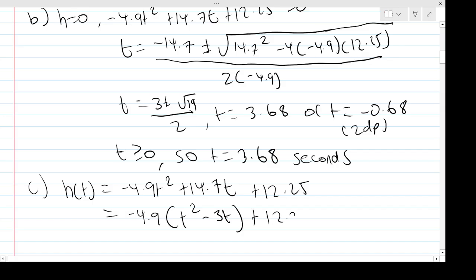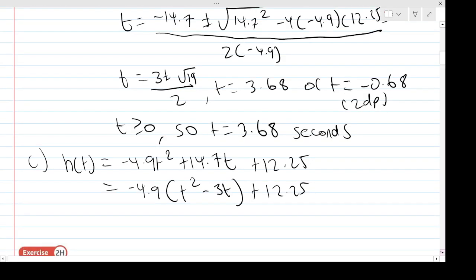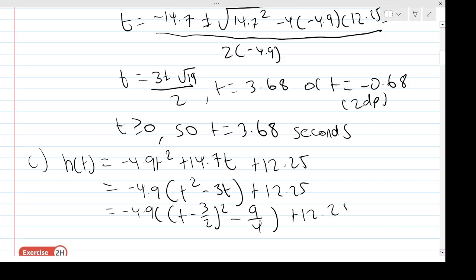Then we add this 12.25 at the end. Then we can complete the square inside here. So that would be minus 4.9 t, then t minus a half of that, so 3 over 2 all squared. Then I'm going to minus the square of that, so it's 9 over 4 plus 12.25.